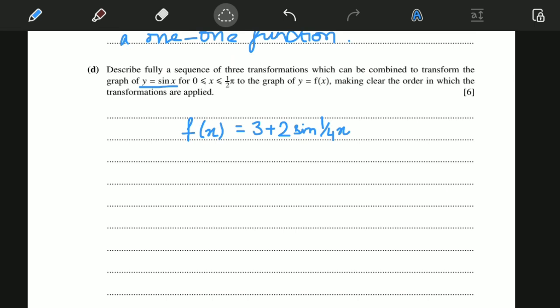Now the next thing would be the order. The order is very important. So which transformation is applied first? You can see the sine x is changed to sine 1 by 4x.